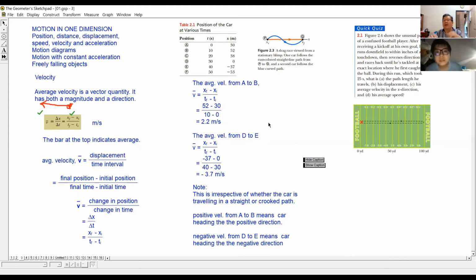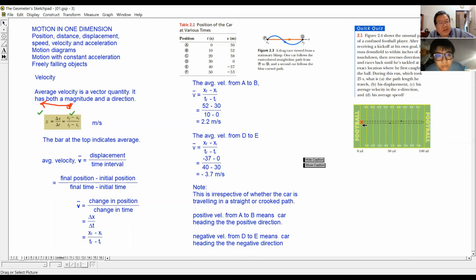Okay, right. Now, this football player runs from one end of the field to the other end of the field and turns back to the starting position X here. So I want to ask you, the initial position is where? At this X here.